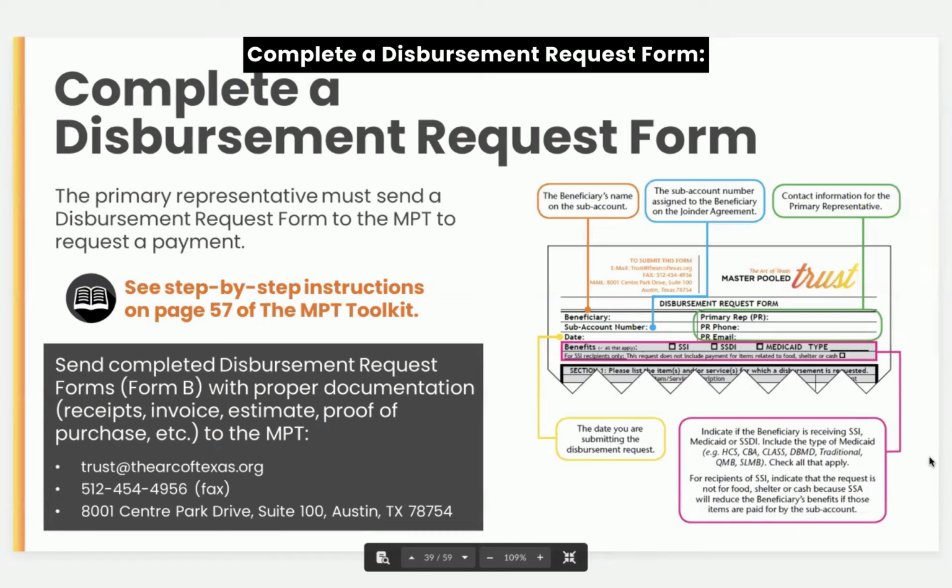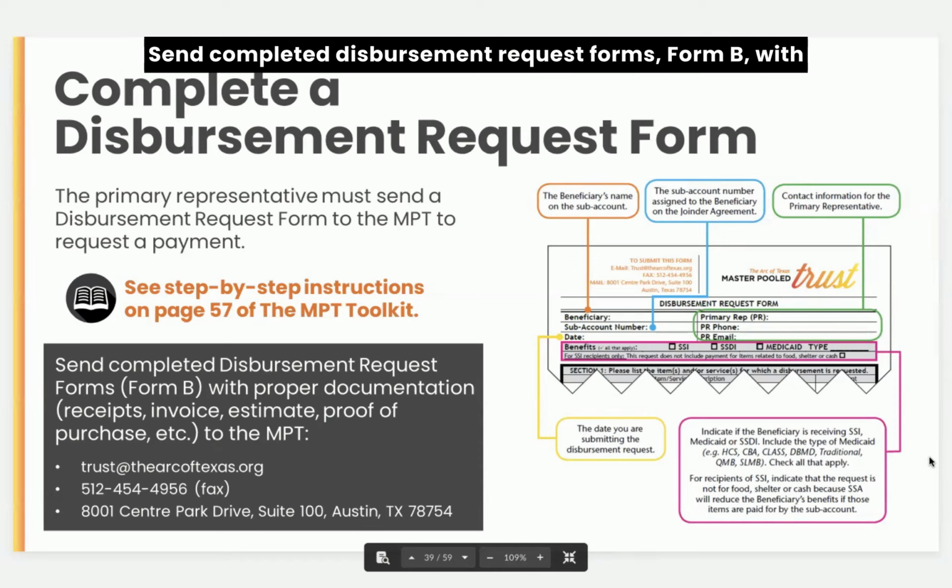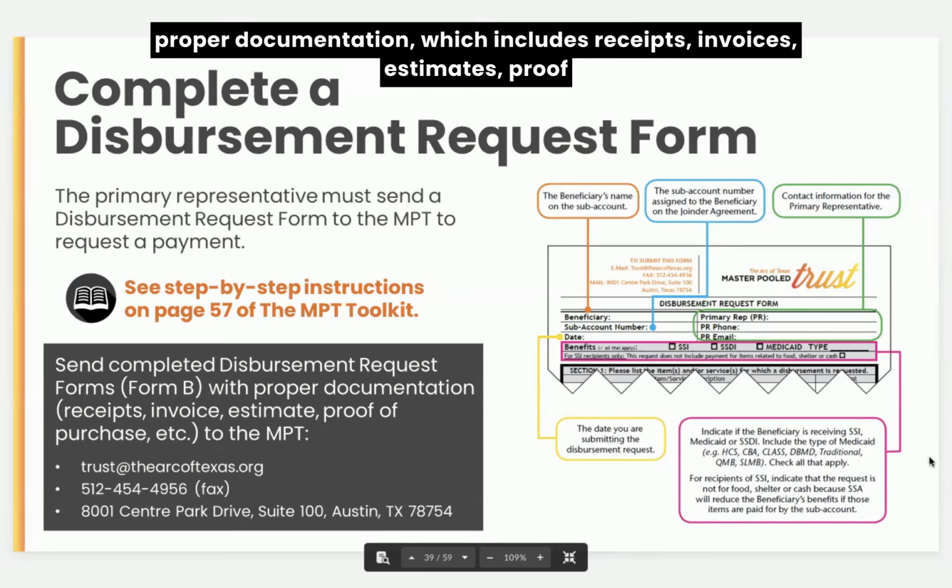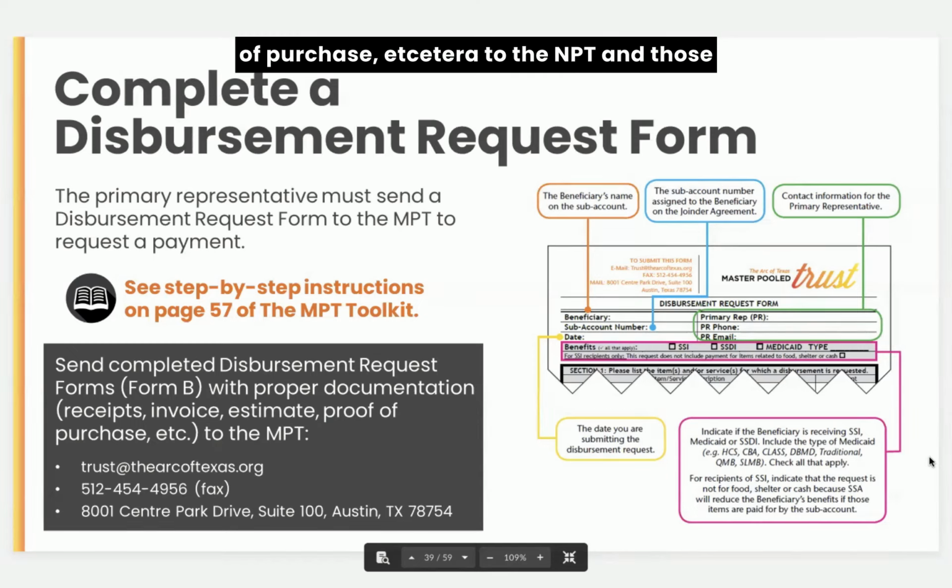Complete a disbursement request form. The primary representative must send a disbursement request form to the MPT to request a payment. See step-by-step instructions on page 57 of the MPT Toolkit. Send completed disbursement request forms, Form B, with proper documentation, which includes receipts, invoices, estimates, proof of purchase, etc., to the MPT.